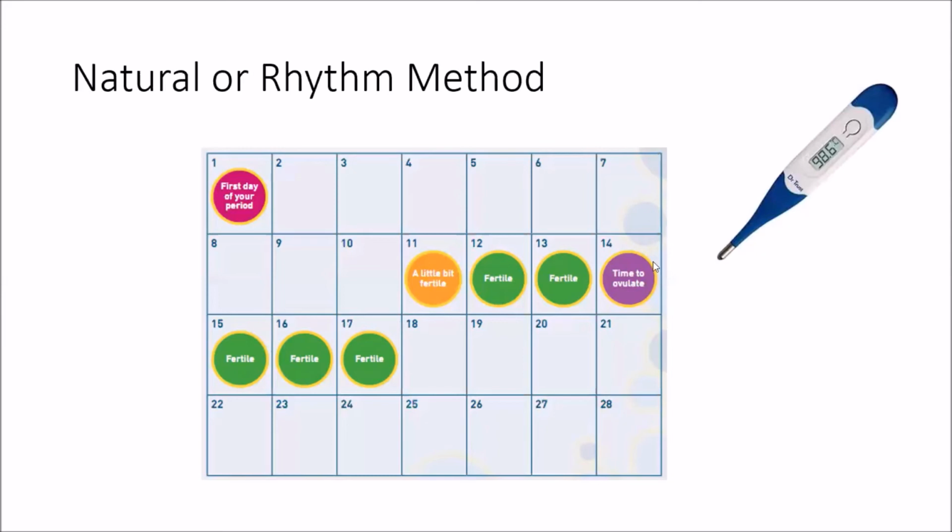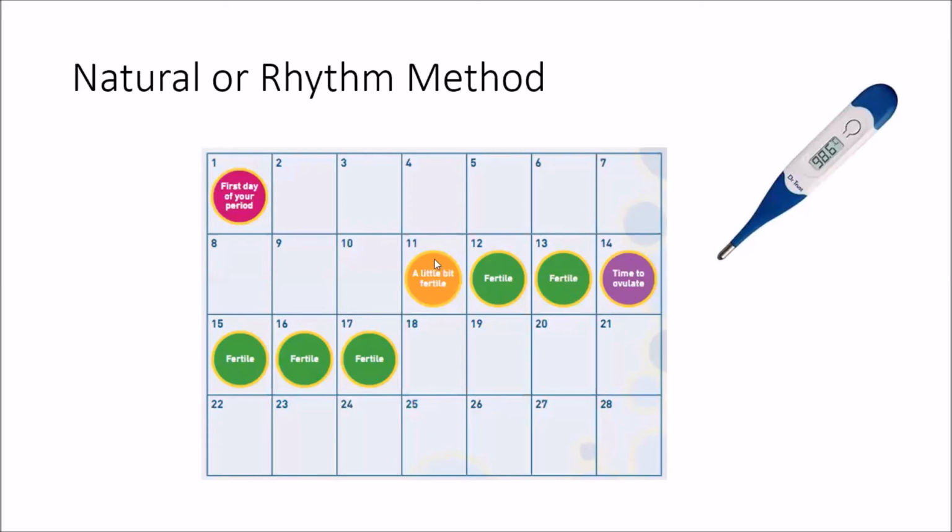So basically, it takes that into consideration, and it also takes into consideration the fact that a sperm cell lives for 5 days. So basically, you're going to have a period of days that you're trying to avoid. Okay, so a person who's using a natural method wouldn't want to have sex within 3 days before ovulation happening, and they wouldn't want to have sex 3 days after ovulation happens.